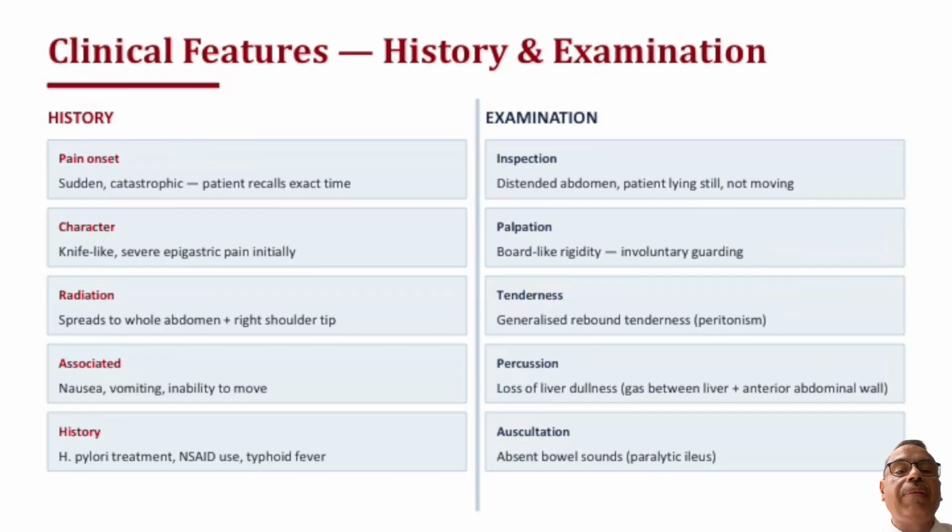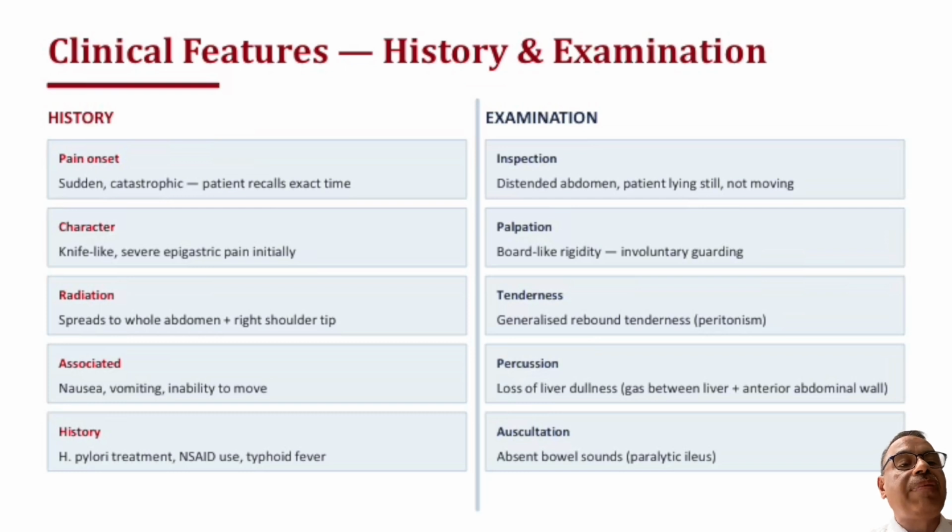If you take a history, there may be a history of a known case of peptic ulcer disease, or maybe a trauma, or a history of typhoid fever or NSAIDs. When you examine the abdomen, on inspection, the abdomen may be distended. The patient prefers to lie still. When you palpate, the classical description is board-like rigidity, which is an involuntary guarding of the anterior abdominal wall musculature.